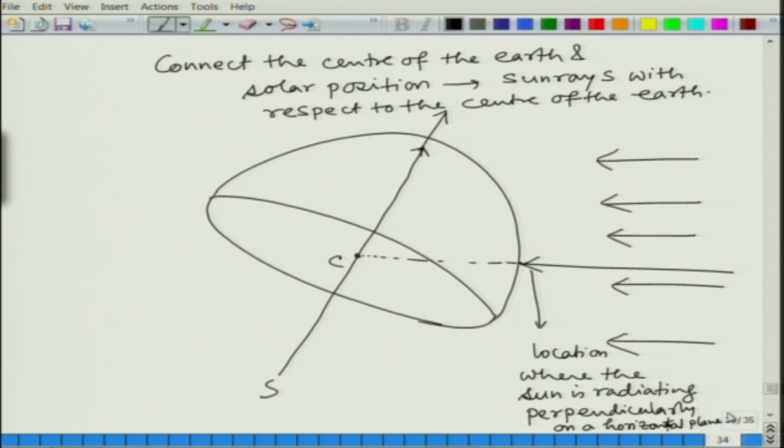Okay. Now, you can always draw a line on the equatorial plane, which is the projection of, let me say this is the meridian that is holding the observer position. Let us say this is O, the observer position.